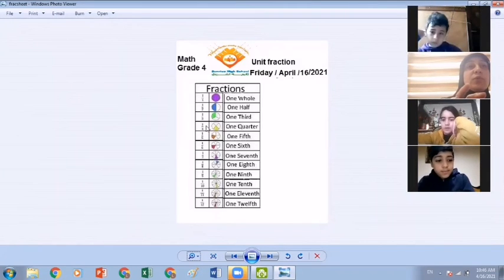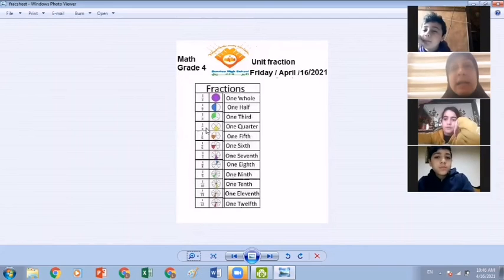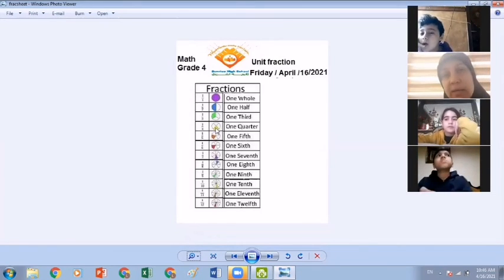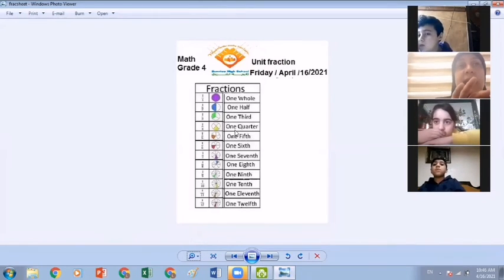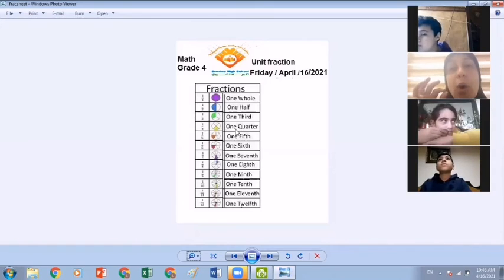Let's move to the fourth fraction. The colored part is 1 from 4. Let's count them. We have 1, 2, 3, 4 parts. The colored part is 1 out of 4. We name it 1/4.